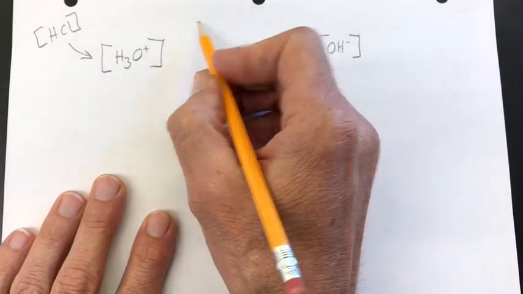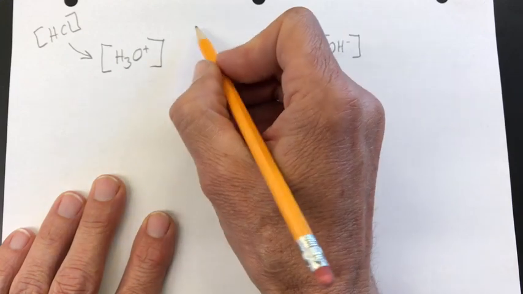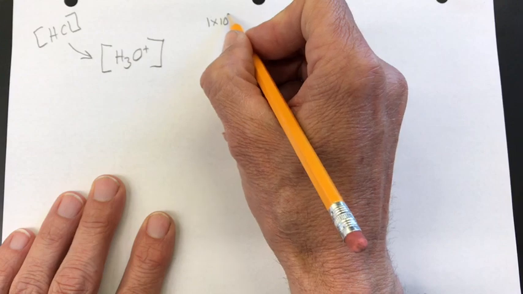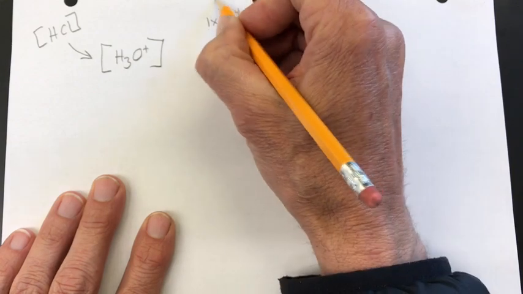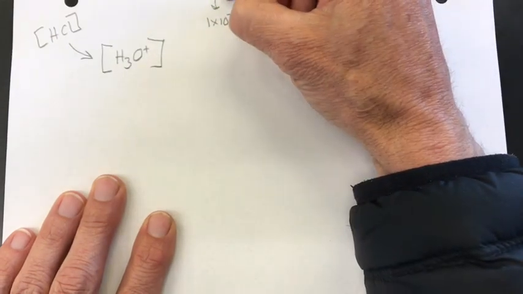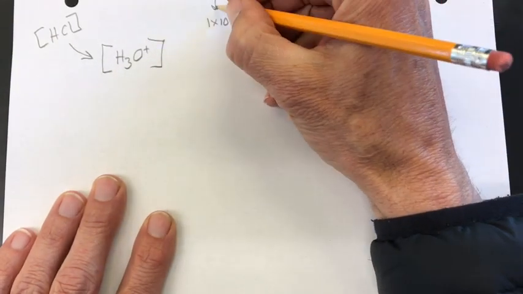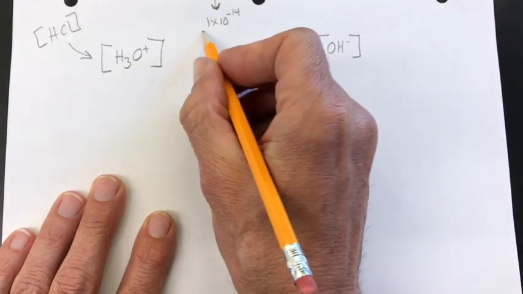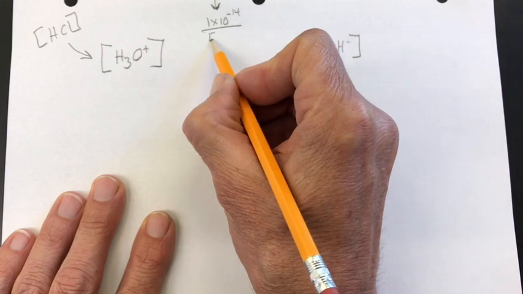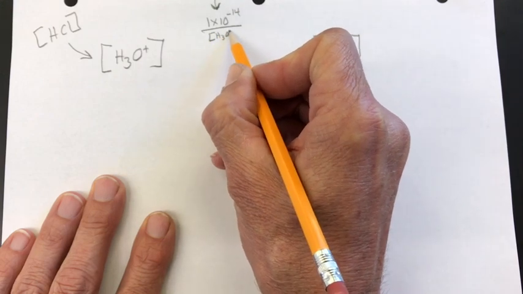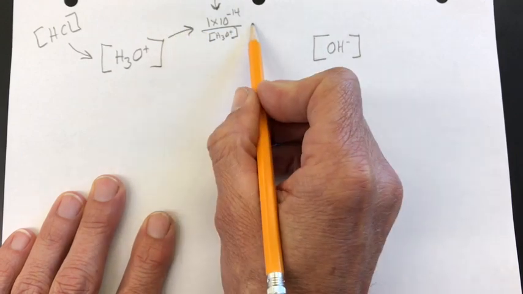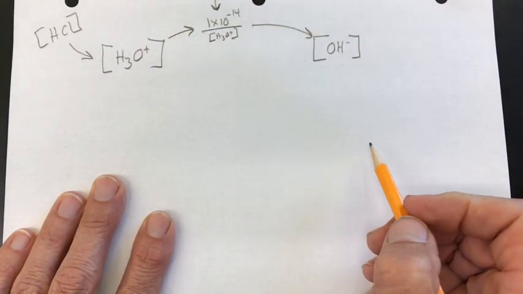To get from here to here, you simply take the ionization constant of water, Kw, and divide it by whatever that concentration is.